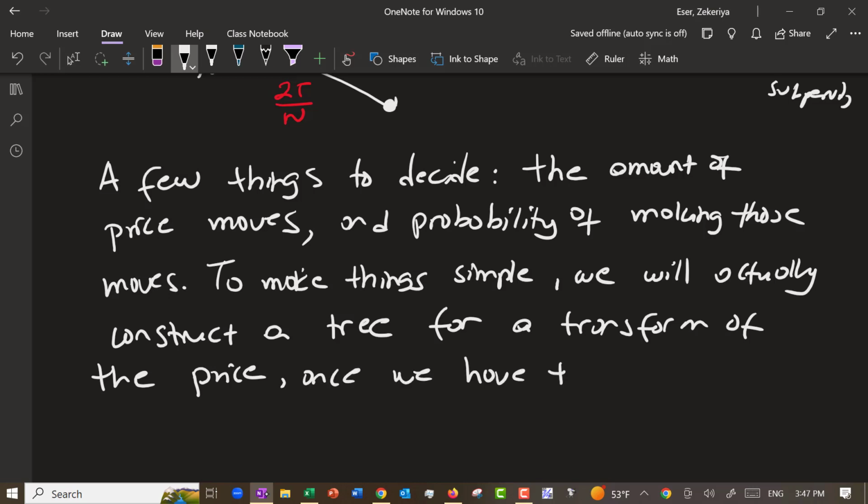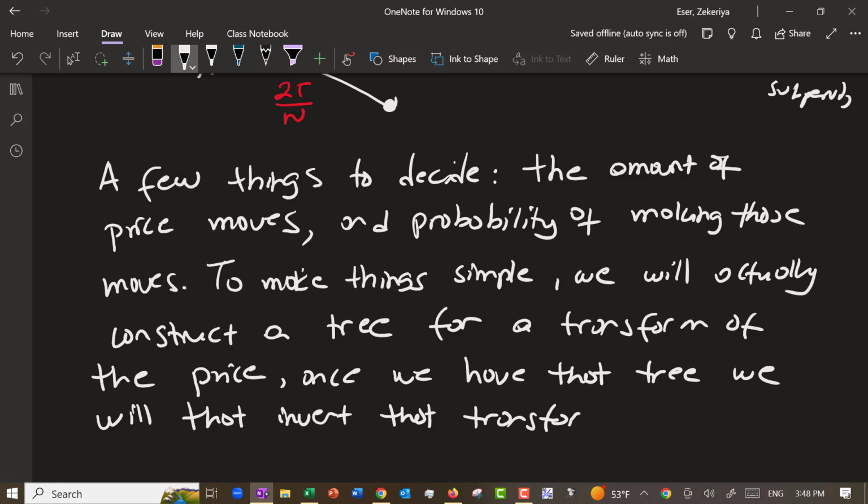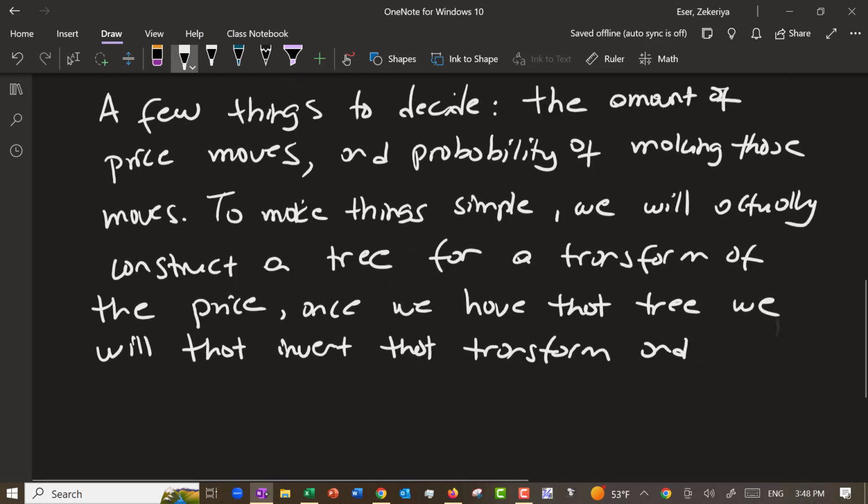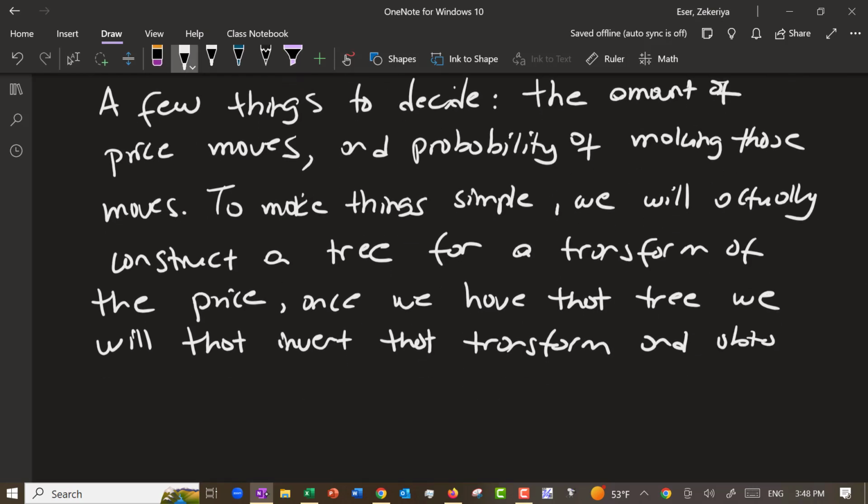Once we have that tree, we will invert that transform and obtain the tree for the stock price, or whatever the underlying is. If you're doing exchange rates, if you're doing wheat prices, what have you.